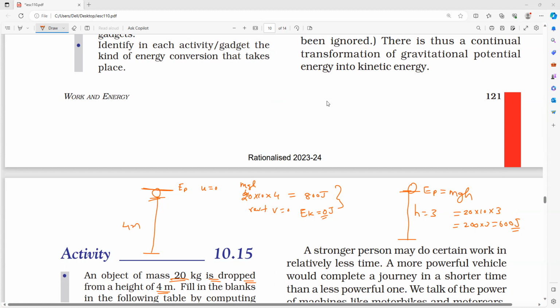Now at the 3 meters height, it has 600 joules of potential energy, so how much energy is converted into kinetic energy? 200 joules.